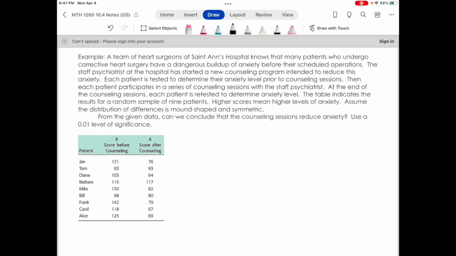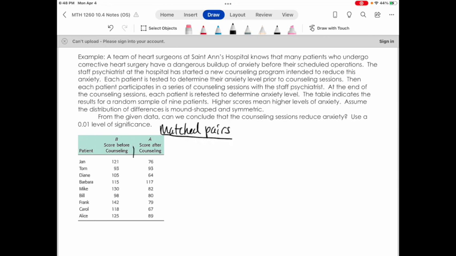So what they do is they get the patient and they test them for their level of anxiety. That's before the counseling sessions, and they put them through some counseling sessions to help them cope with the anxiety of the surgery. And then after the counseling sessions, they give them another test to see where their anxiety level is at. So here's our matched pairs.